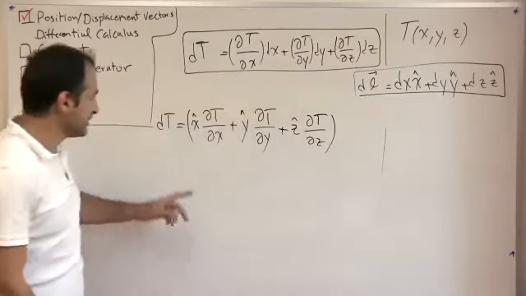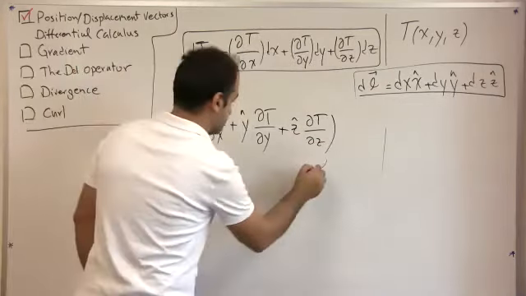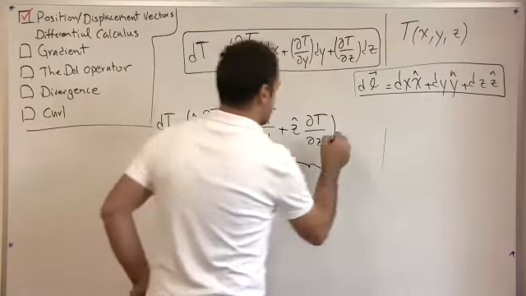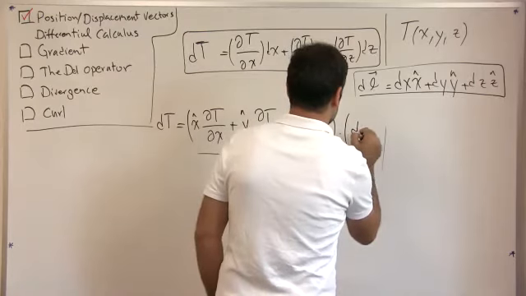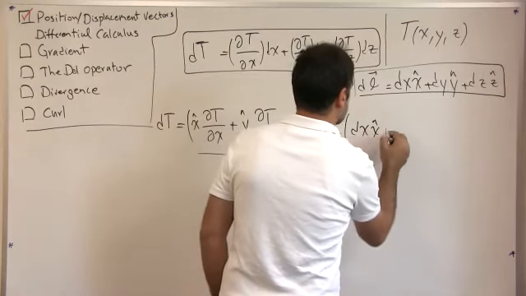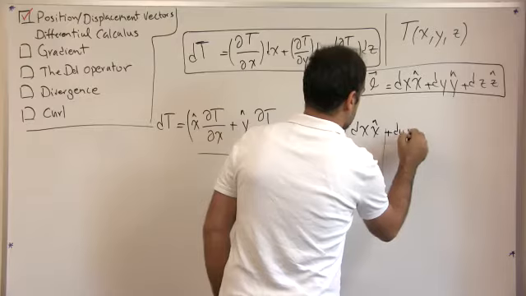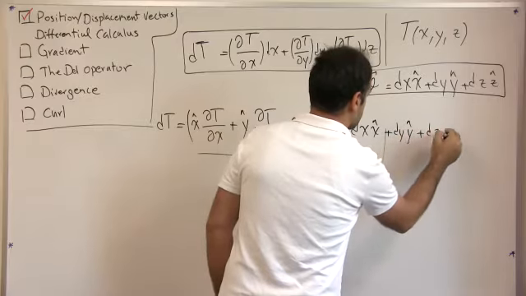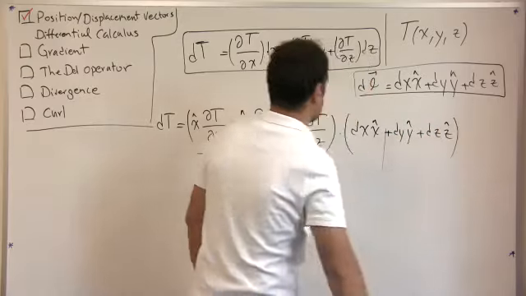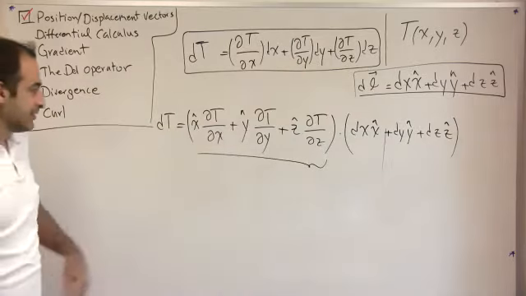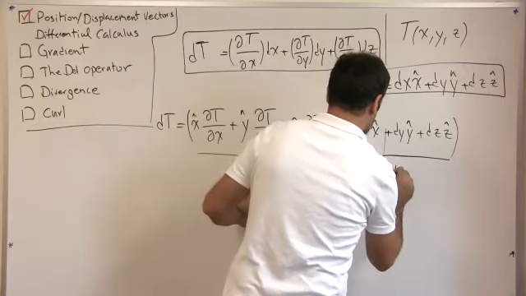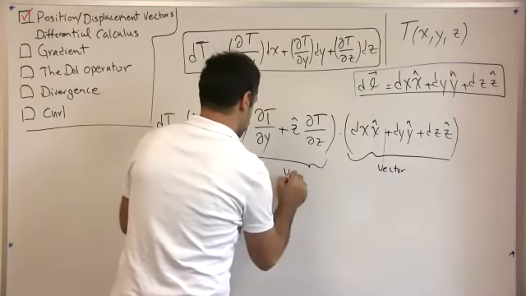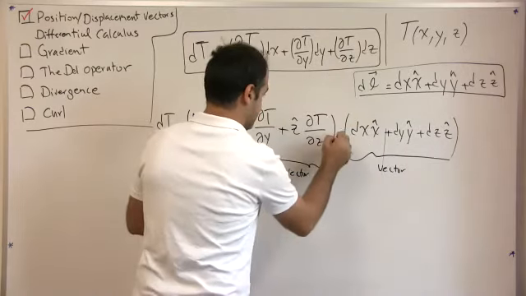So this is now a vector that I want to multiply by another vector, which is dx x hat plus dy y hat plus dz z hat. So this is a vector, this is also a vector, and this is a dot product.